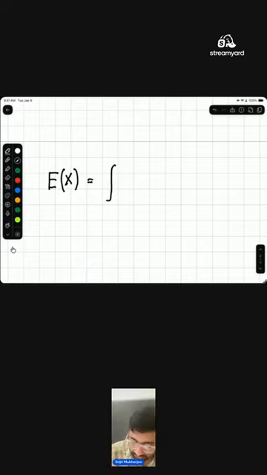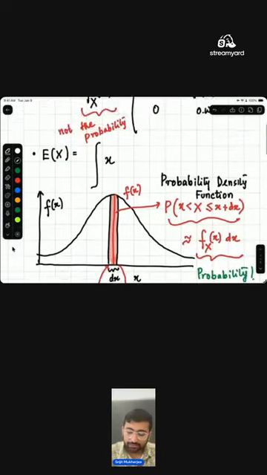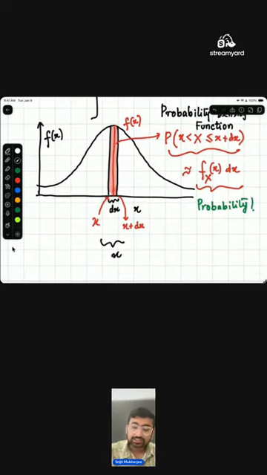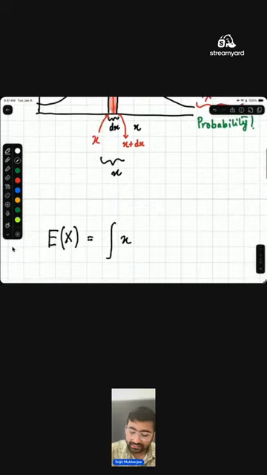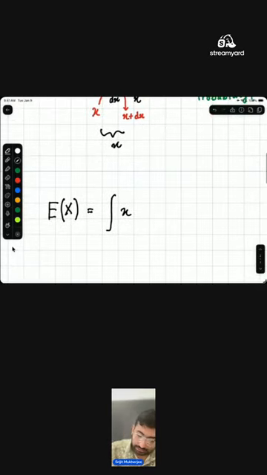For every x, essentially around every x, f(x) dx is the probability of taking values around x.